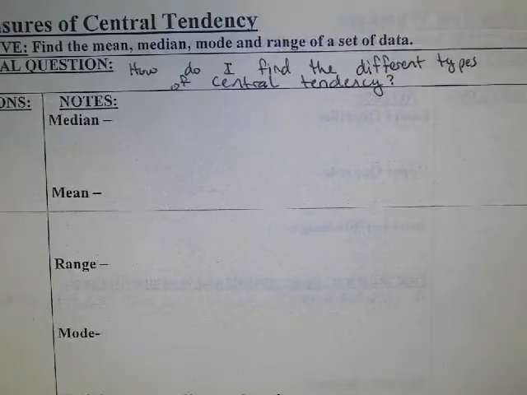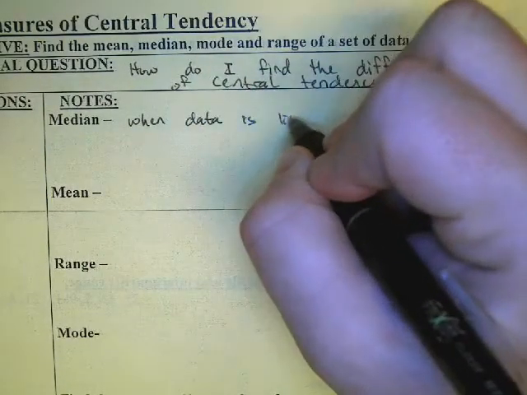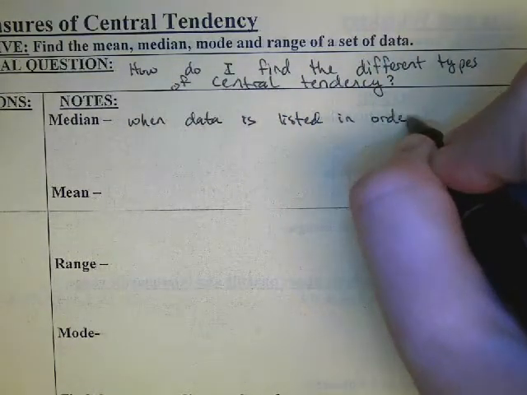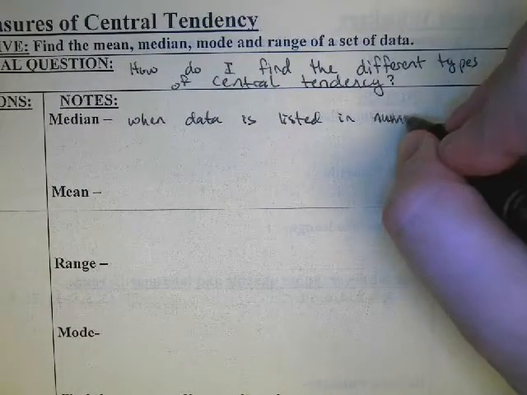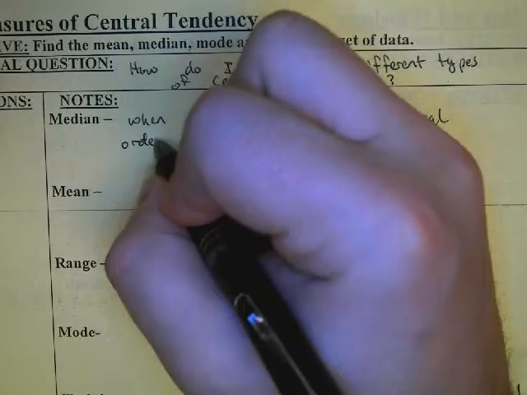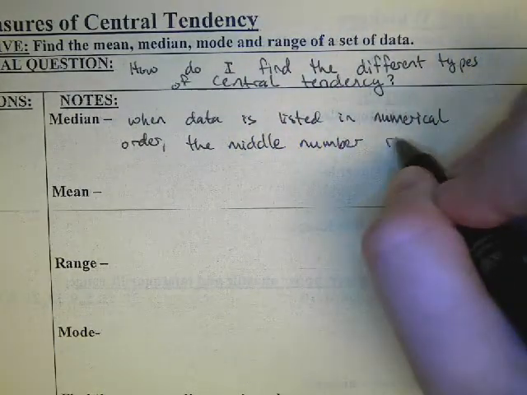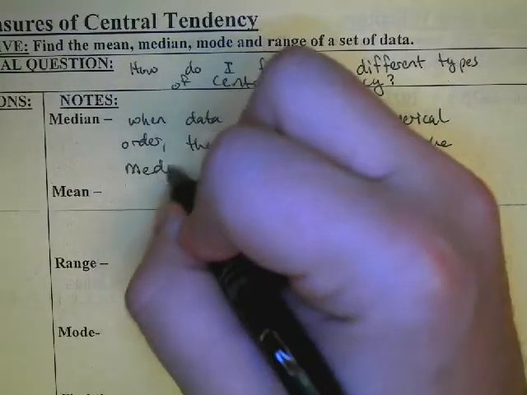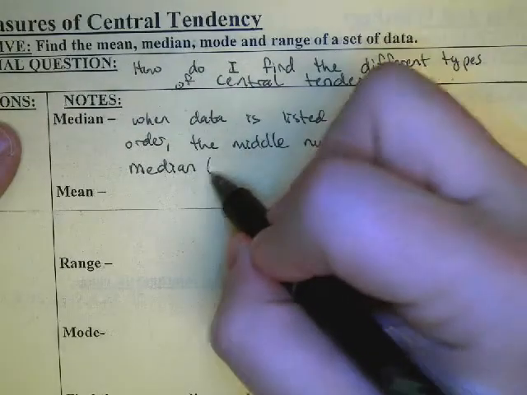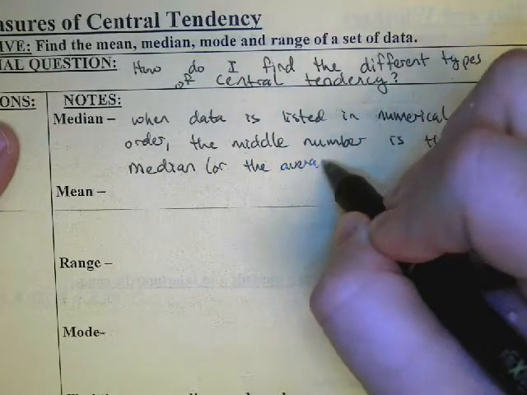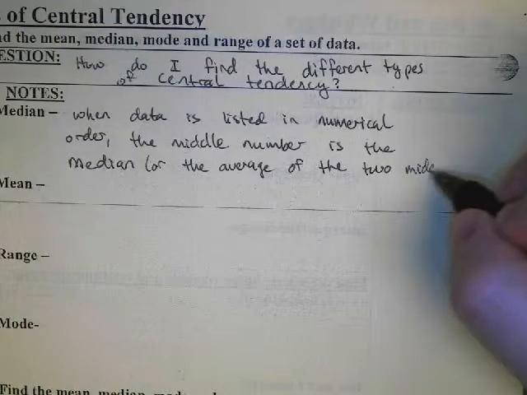So first we'll start with the median, and the median is when data is listed in order, let's say numerical order, the middle number is the median, or the average of the two middle numbers.